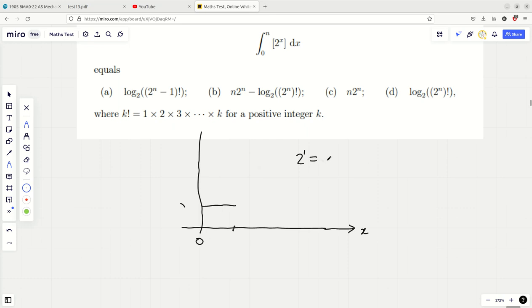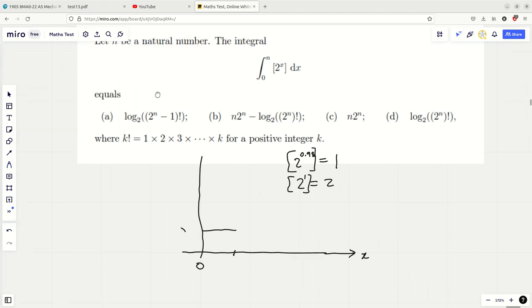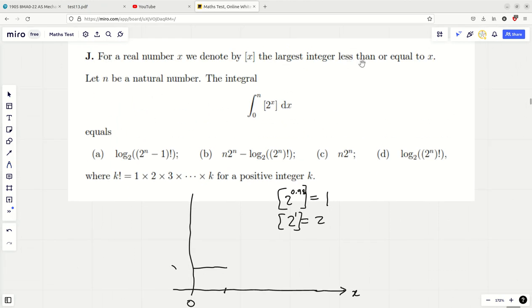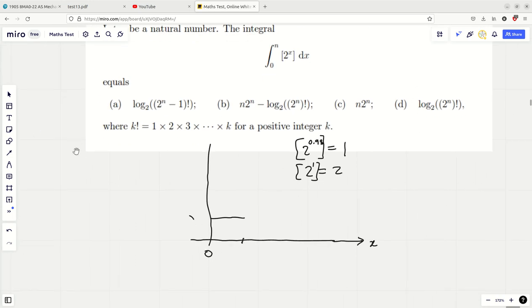Oh, that's when you're at 2. But 2 to the power of like 0.98, that is actually when you're doing this ceiling function. Sorry, floor function, which just means round down to the nearest integer. That is actually going to be equal to 1 because, like it says, it's the largest integer less than or equal to whatever this value is. So that is actually 1. It's not until you get to x is 1 that you suddenly are going to be jumping up.